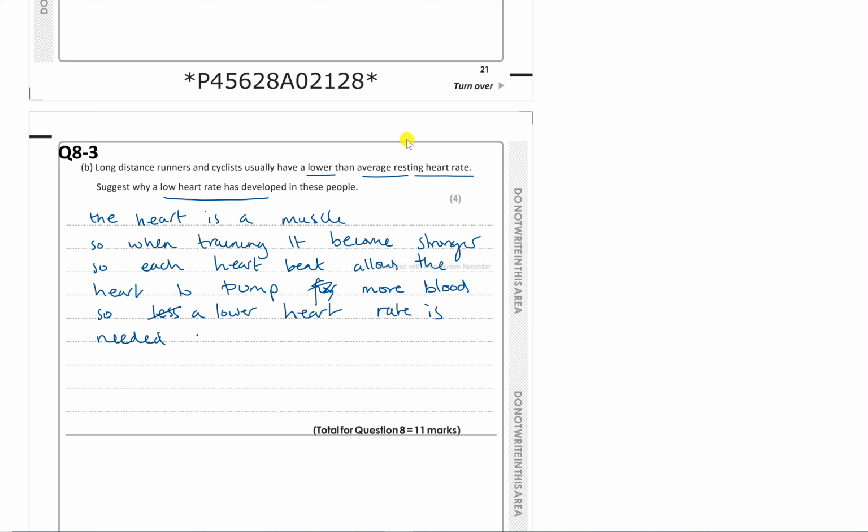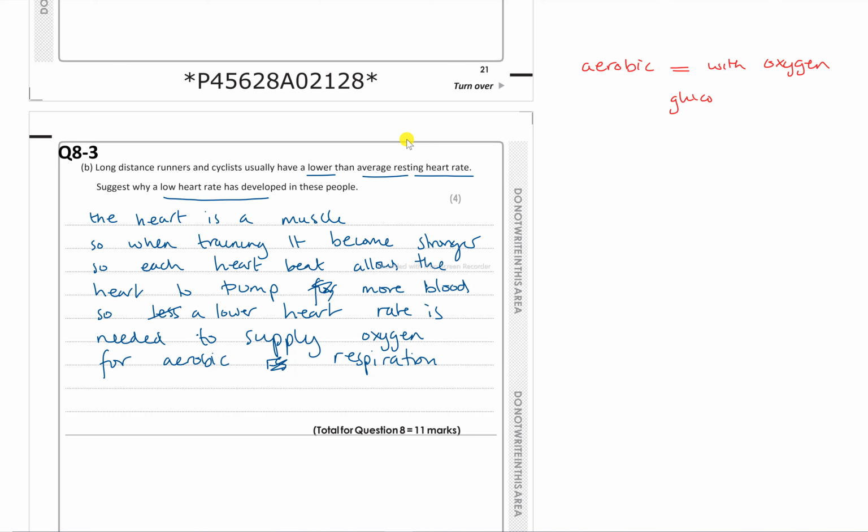Okay. Low heart rate needed to supply oxygen and nutrients for aerobic respiration. Remember, there's 2 types of respiration. Aerobic, that means with oxygen, that converts more of the glucose into energy that you need.